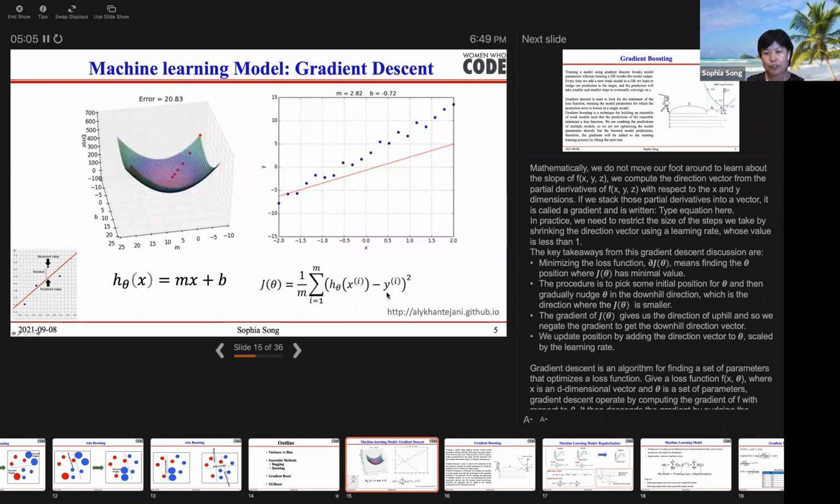So in this procedure, at first we initialize all the parameters at an initial position, like here. You can initialize at any point, but after the model learns, we can adjust your model to make the loss function as small as possible.